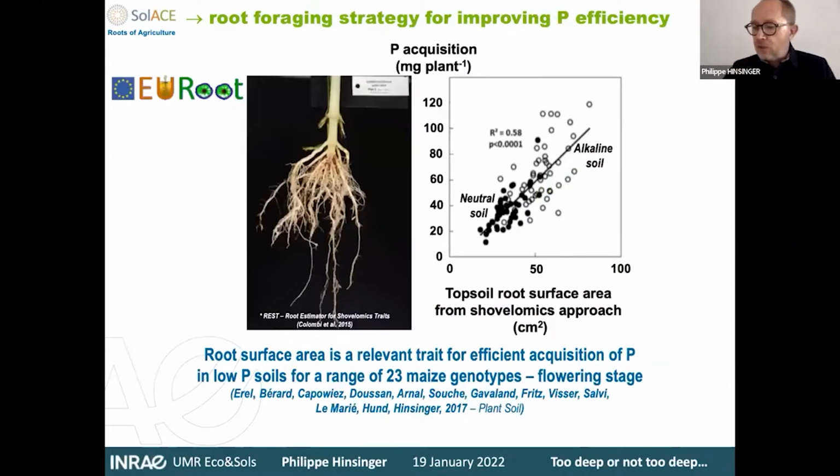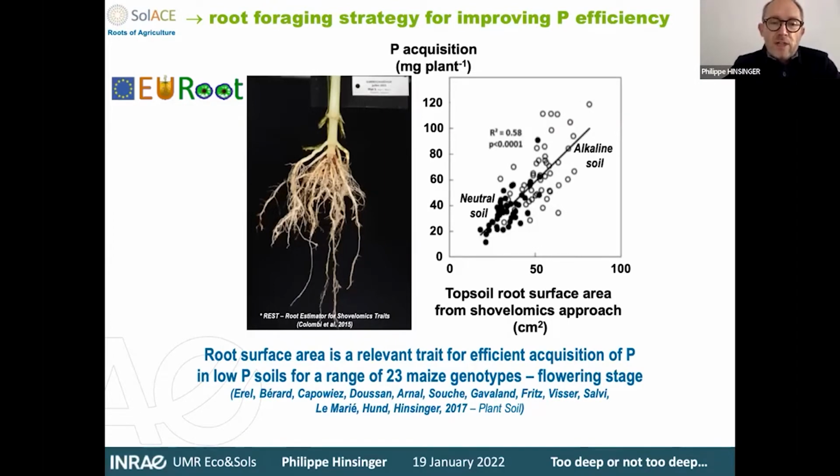In addition to this, there are a number of other examples I would like to show, in European conditions and crops. Important crops. So this is an example in our group, in a former European project where we looked at root traits in maize, using the approach popularized by Jonathan Lynch called shovelomics.